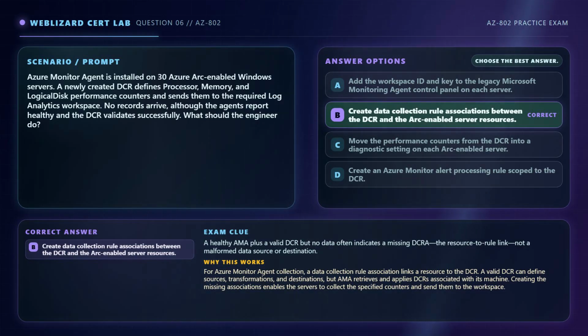Creating the missing associations enables the servers to collect the specified counters and send them to the workspace. A healthy AMA plus a valid DCR but no data often indicates a missing DCRA, the resource to rule link, not a malformed data source or destination.